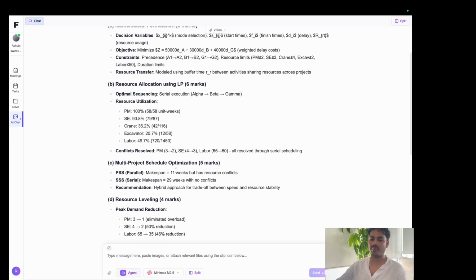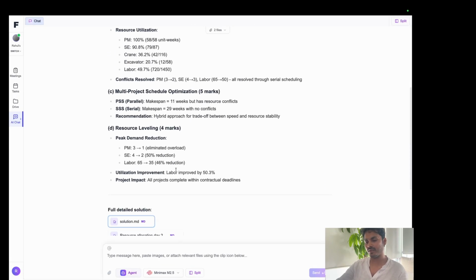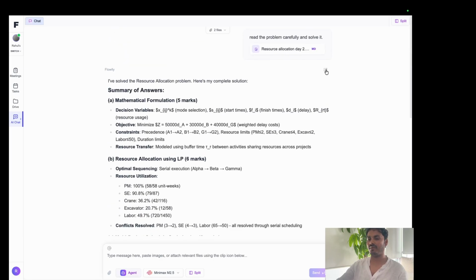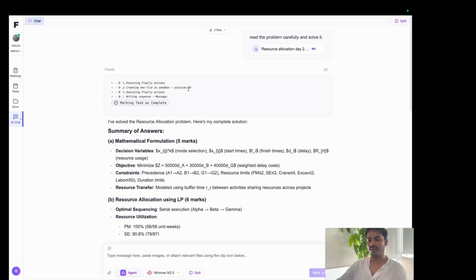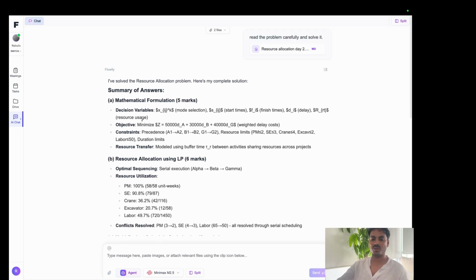It explained why it solved that, and it gave us some reasoning. And if I look at the logs, it simply wrote the answer. It didn't do any mathematical calculation. It simply wrote the answer. So you should be very careful about using this kind of answer because it might hallucinate, and you should ask it to run these calculations before you take its word at face value.